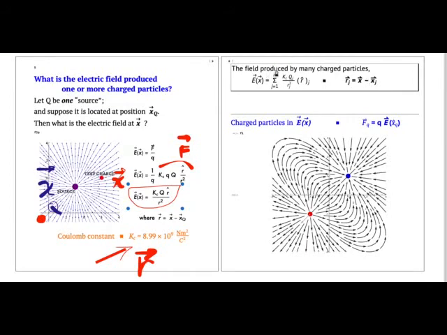Suppose there are n source particles. So what's the field produced by n charged particles? I have to sum j equals 1 to n, kq over r squared r hat, for each of those n source particles. That will then give me the electric field at the point x.